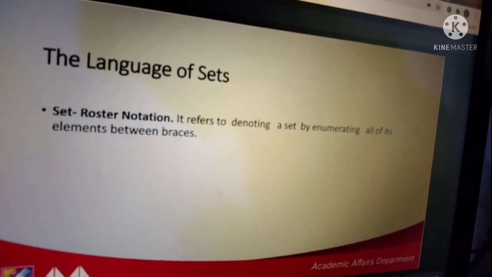Roster notation. It refers to denoting a set by enumerating all of its elements between braces. Nakapasok lahat ng elements niya between braces. Example nito yung ito. Papakita ko sa inyo.